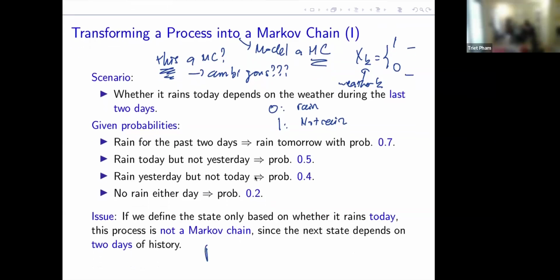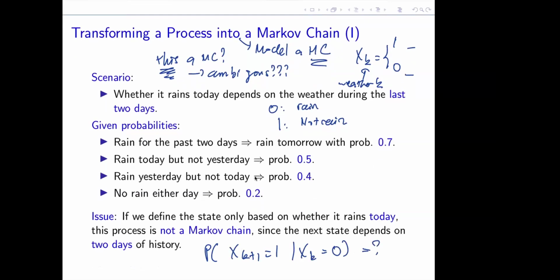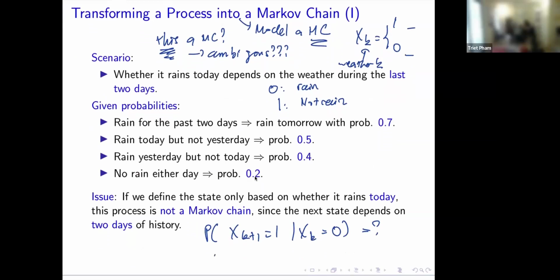Well, can we decide this question? Can we decide this question? No, we would also need k minus 1. Exactly, right? That's the point.